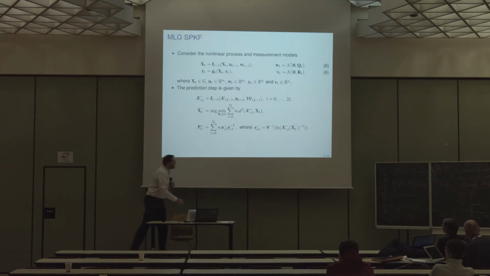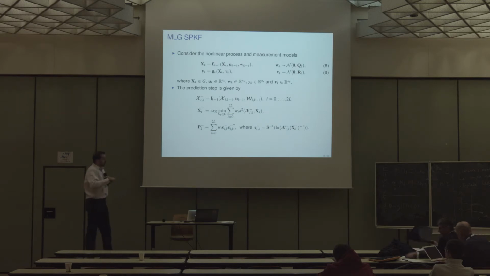Once we have that structure available to us, we can now do matrix Lie group sigma point Kalman filtering. Here are our nonlinear process and measurement models, where X is an element of the matrix Lie group G. To execute the prediction step, we compute some sigma points and pass them through the nonlinear motion model or process model. To get the predicted mean, we have to solve this optimization problem, for which there are iterative methods.